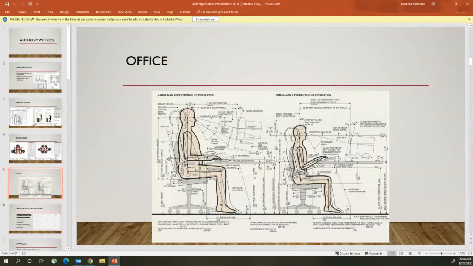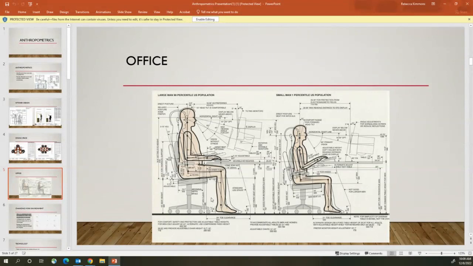When it comes into the office and the workspace, there is a lot that's going on. At a desk in the workspace, people are often sitting for hours on end, which is not what our body is designed to do, and it can cause a lot of ergonomic issues.